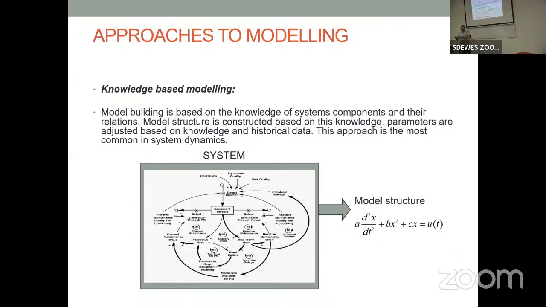So obviously we also will need to use data, but the data comes, let's say, after that, okay? After the structure. We find the structure, the real relation, and then we look for what data will be able to fit or to explain this knowledge we already have.